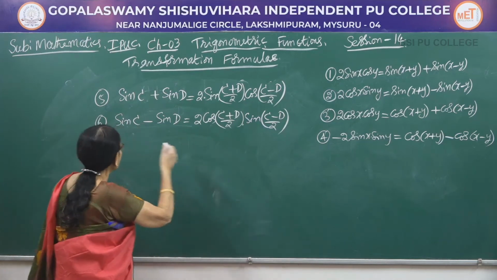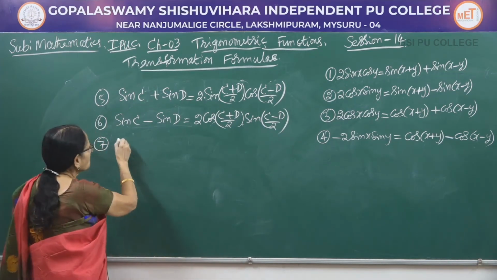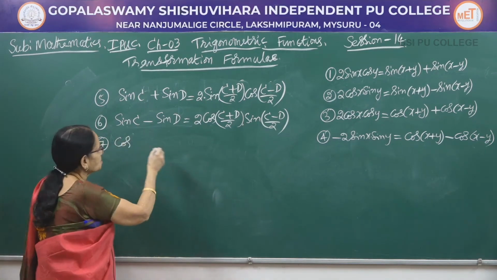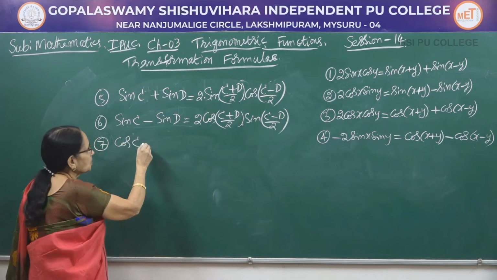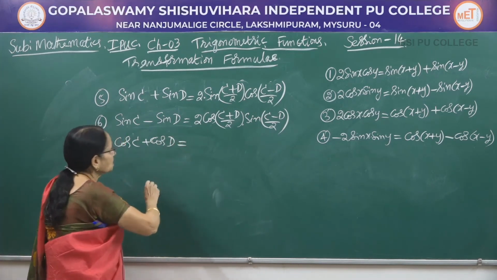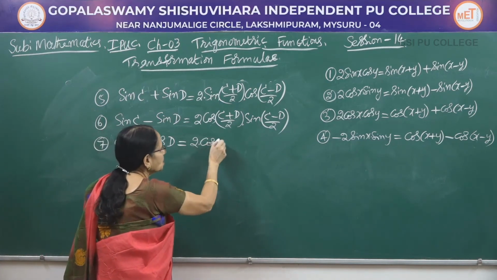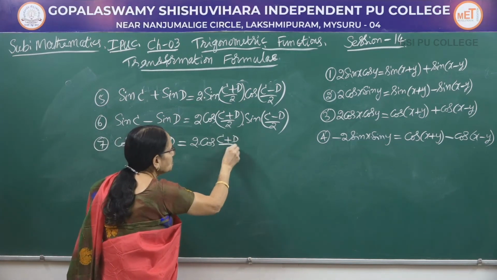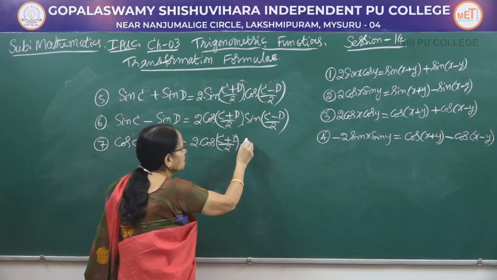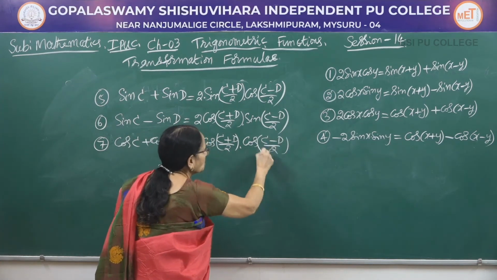Now come to the third formula, the seventh one here. Now replacing for x plus y and x minus y, I will be having cos c plus cos d. On the other side, it is 2 times cos of c plus d by 2 into cos of c minus d by 2.